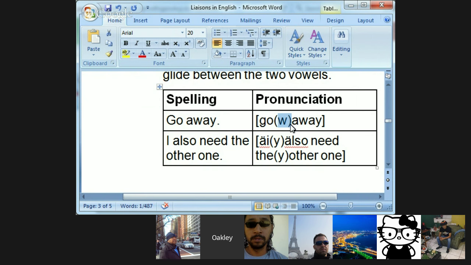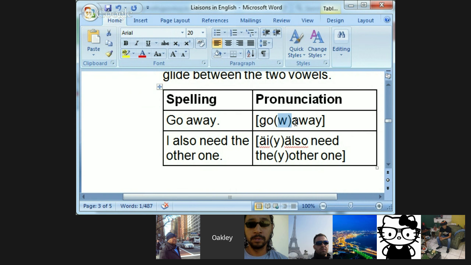Sometimes it's a W sound, sometimes it's a Y sound. You really don't have to think about this too much. If you're naturally speaking, your mouth is going to be in that position. There are no rules. It could be a W or a Y, so you're never wrong, whichever one you choose. Do whichever one feels more natural. That is the correct choice.